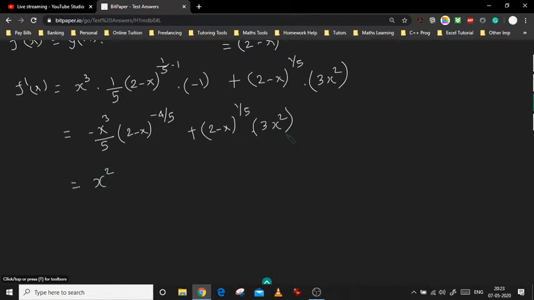You could leave it in this form, which could be the answer for this question as well, or if you want to factor out the x squared term, then I'll get minus x by 5, 2 minus x power minus 4 by 5 plus 2 minus x power 1 by 5.